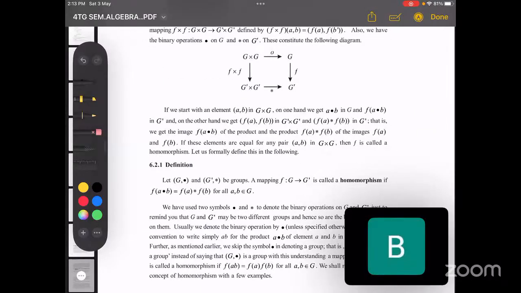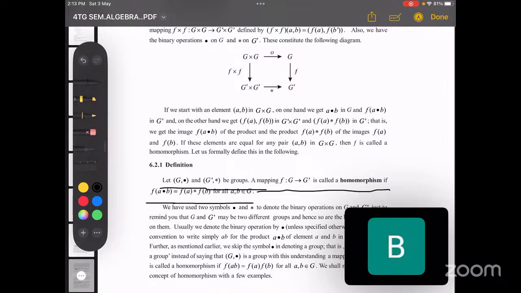So this is the important one. Let (G, dot) and (G dash, star) be groups. A mapping f from G to G dash is called a homomorphism if f of a dot b equals f of a star f of b for all a, b belonging to G. Okay.